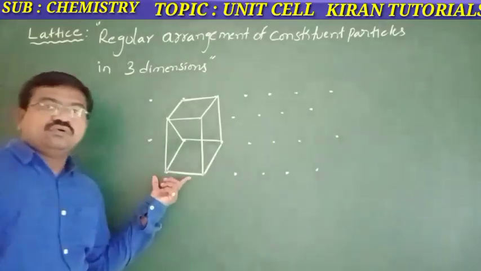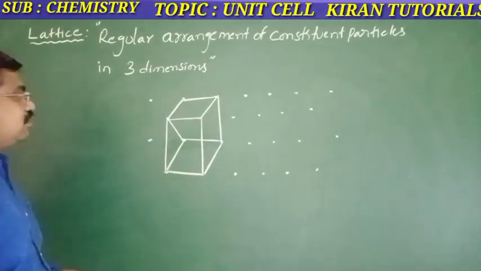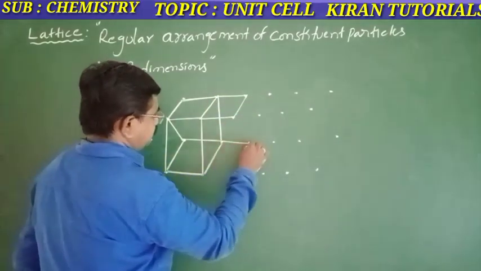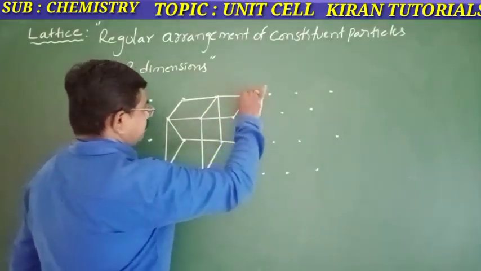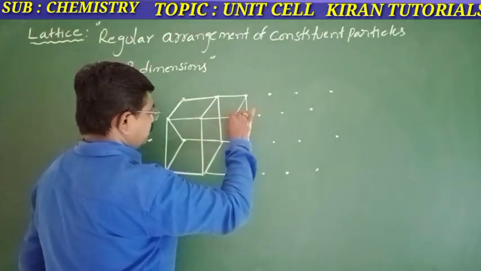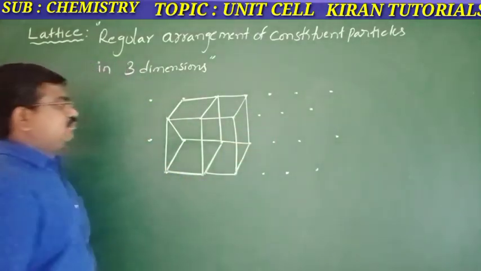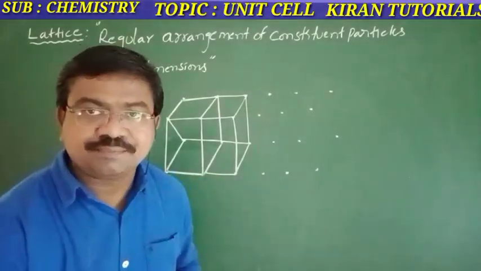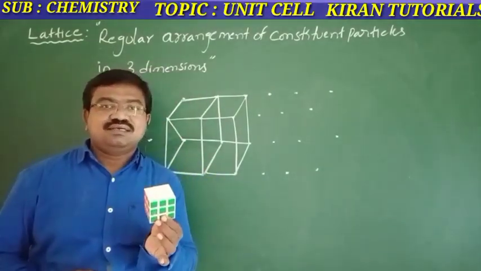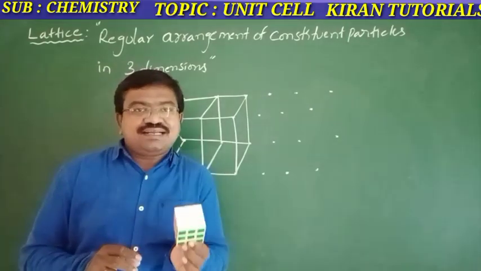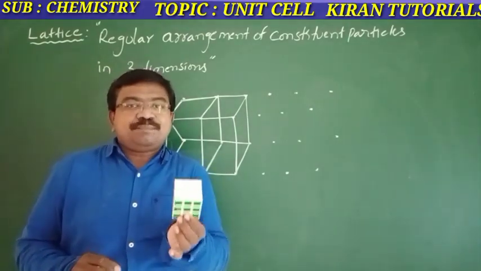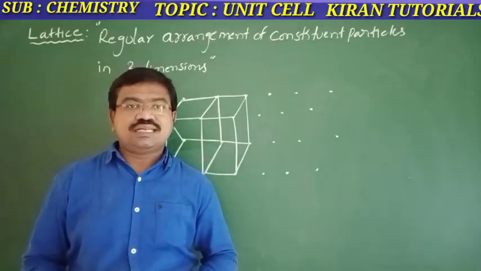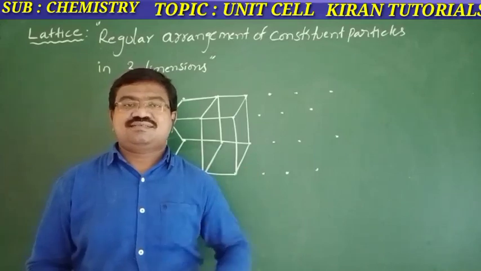It is a regular arrangement, so it is called a lattice. So, regular arrangement of constituent particles in 3 dimensions is called a lattice.